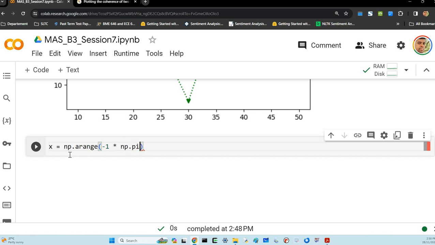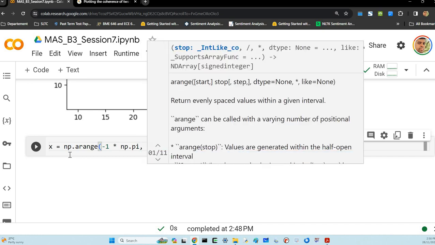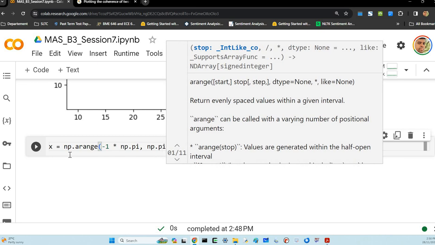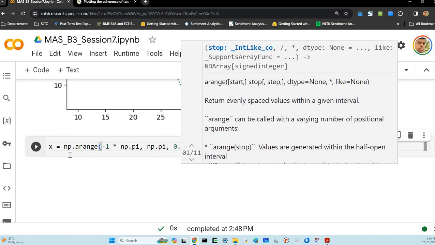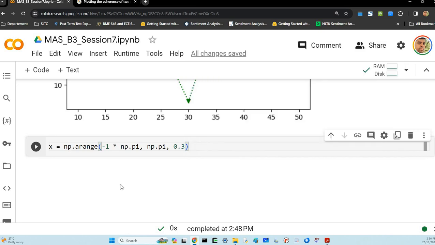To get mathematical pi, we can say np.pi. So basically it starts from minus pi, goes to plus pi, np.pi, with the step of 3. So now you know what will happen. We have a starting value, we have an end value, in between we define the step. So that's how we define x.